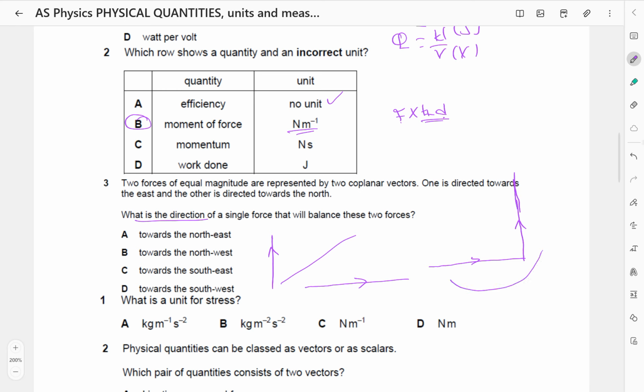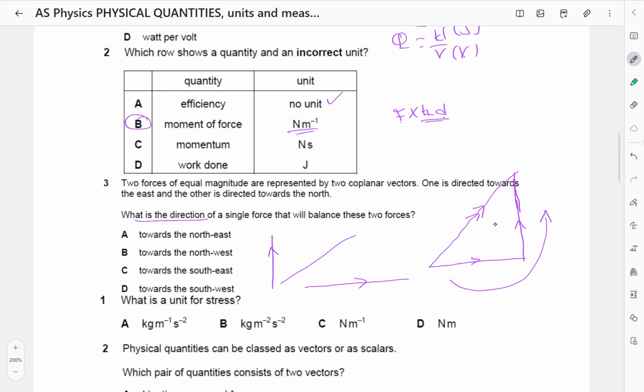So these ones are forming an anti-clockwise loop, so the resultant must be the other way around. So the question is, what is the direction of a single force that will balance these vectors? So this will be the resultant.